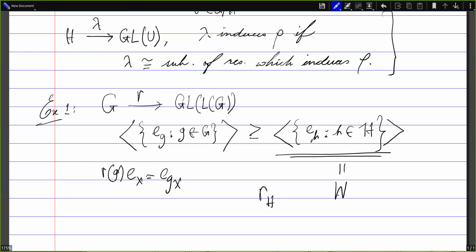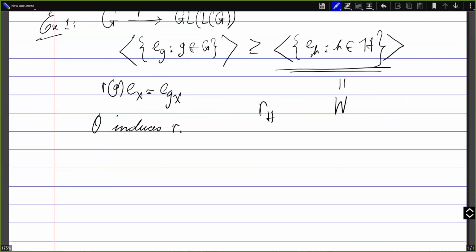Now I leave this to you to check that this subrepresentation of rho H, which we have just denoted by theta, induces R. So the left regular representation is induced by this theta, which is the subrepresentation of the restriction of the left regular representation itself on the subspace generated by these vectors.